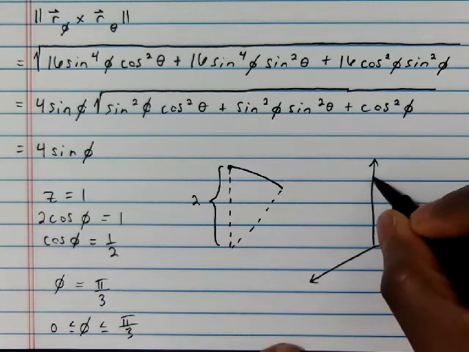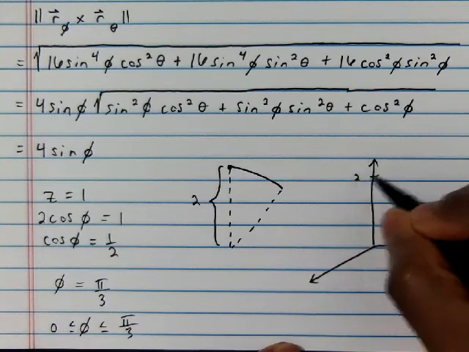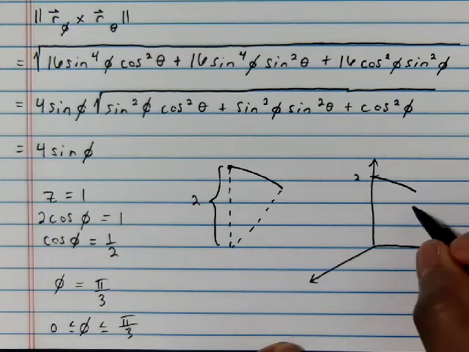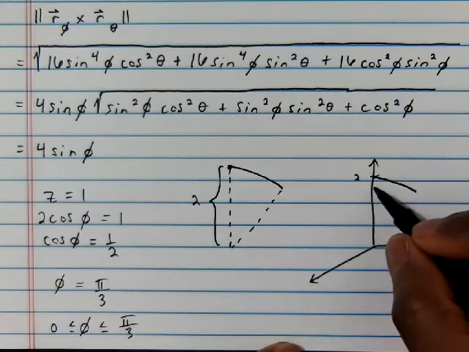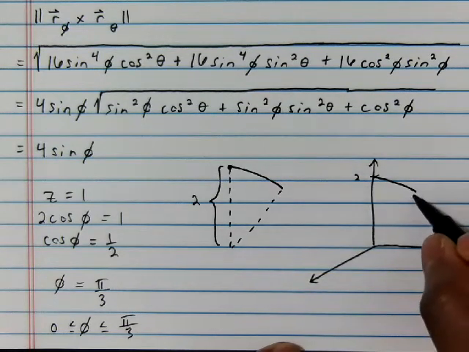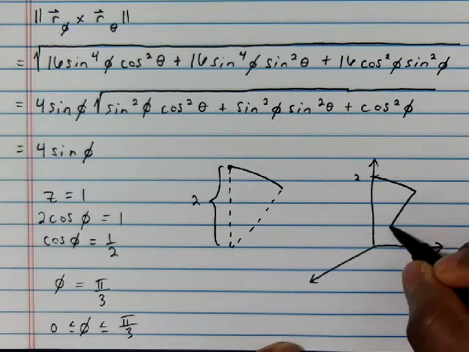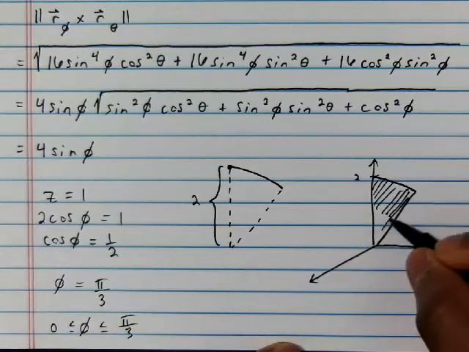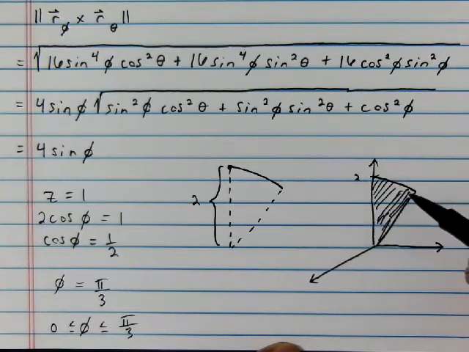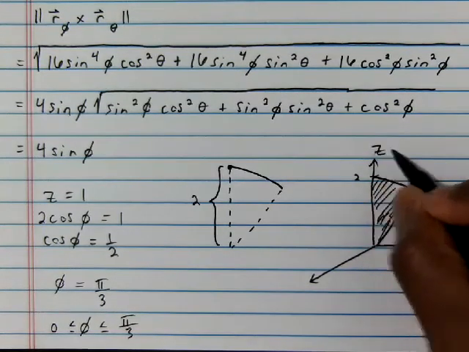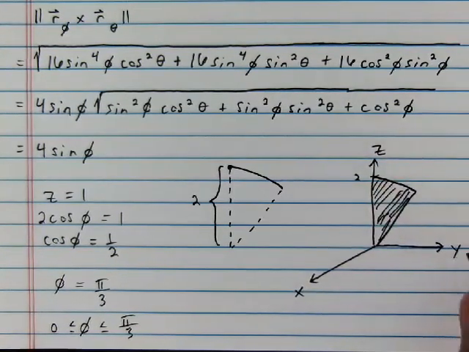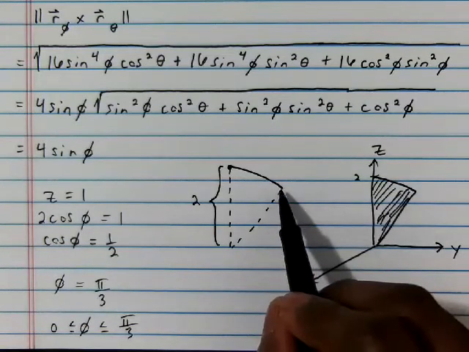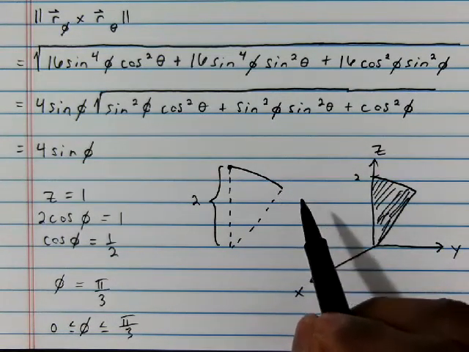The only difference is that if that's 2 right there, and then we go over the angle pi over 3, now we're taking a solid line and going over that angle. So this region right here is shaded in. I didn't quite go far enough. Then this will get spun around the z-axis, and that will give us a cone.